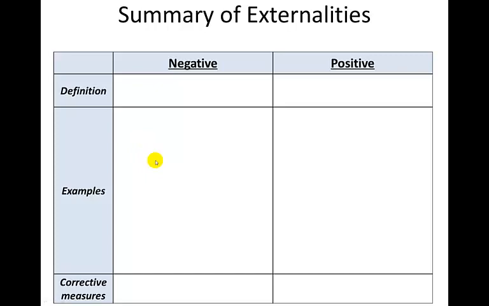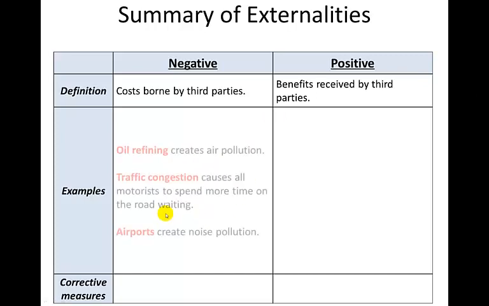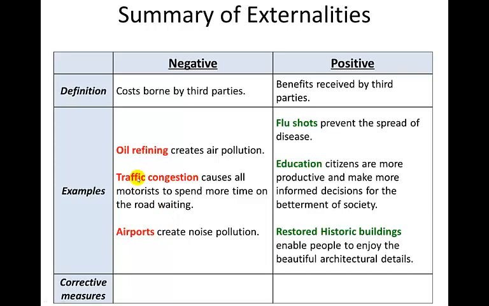Okay, so we can come up with this nice little summary of externalities. Negative externalities are costs borne by third parties to transactions. Positive externalities are benefits received by third parties. For negative externalities, think about pollution. Traffic congestion is a classic example too. Noise pollution. Positive externalities examples are flu shots, education.